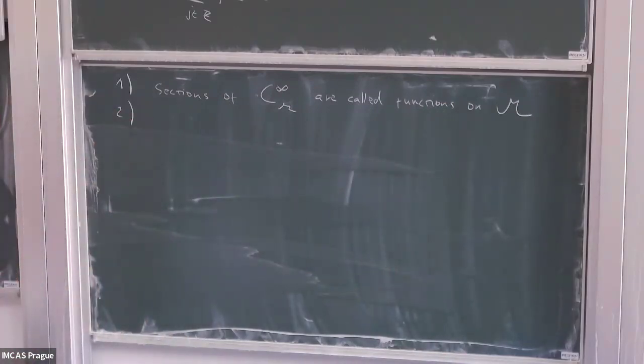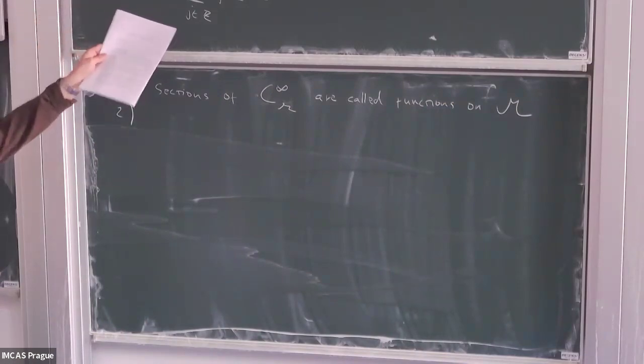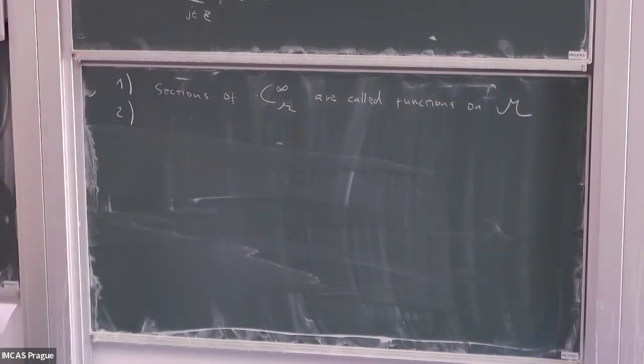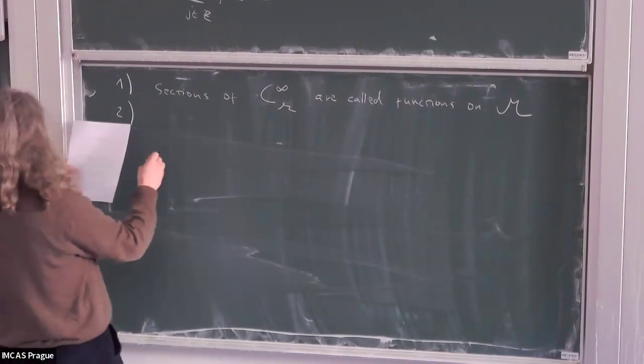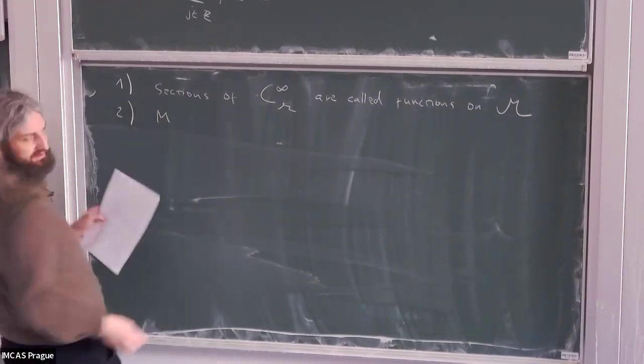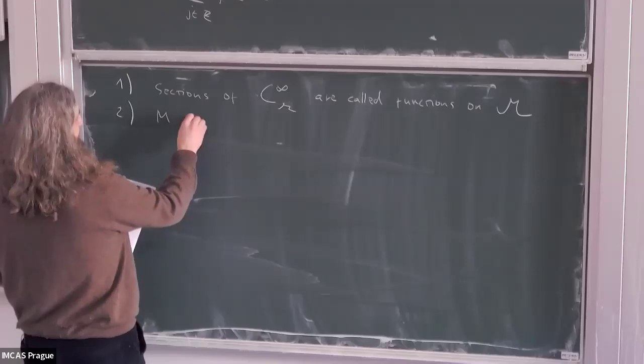One can show that from this definition, from this local isomorphism to this local model sheaf, it already follows that M, this underlying topological space, is already a smooth manifold.